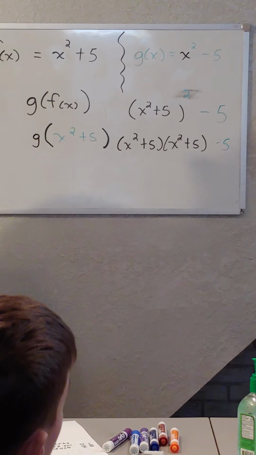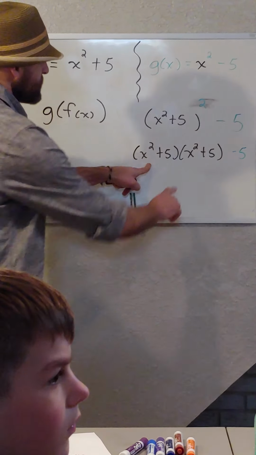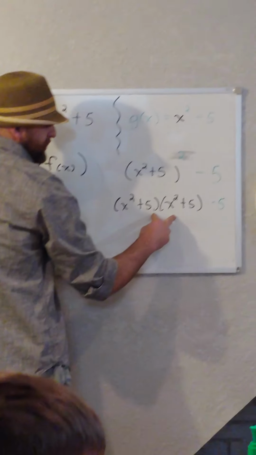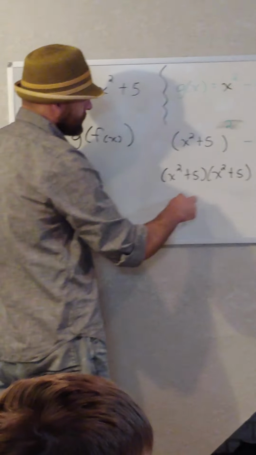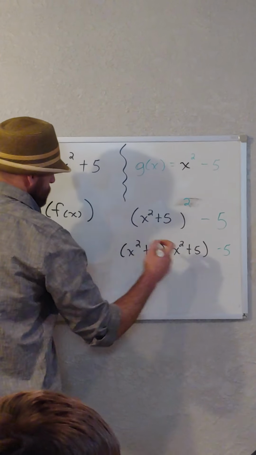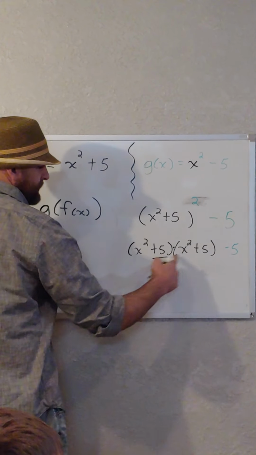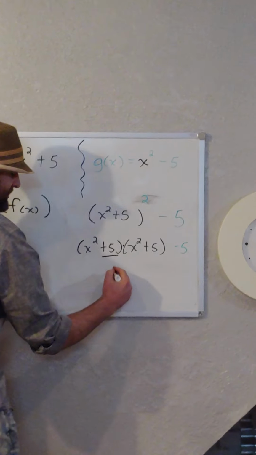And keep in mind, this is the distributive property twice. Some of you learned this as being called FOIL. So what we're going to do is distribute with the positive 5 here. So 5 times x to the second.